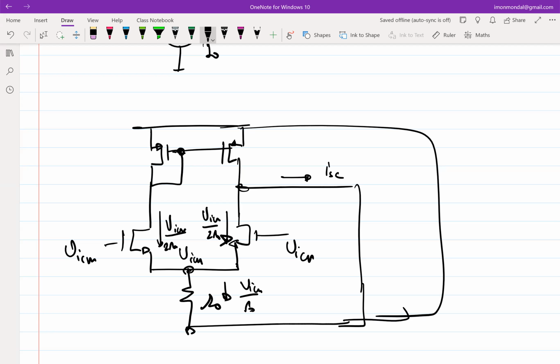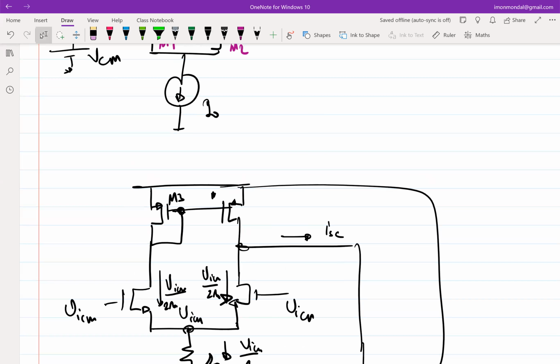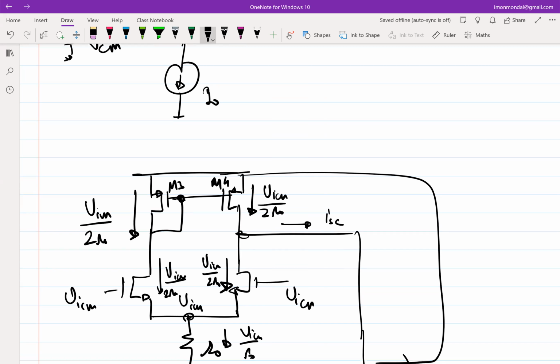Fine. So now what's happening on the mirror side? The current through M3, and so what will be the current through M4? So what flows into the short is 0, right?